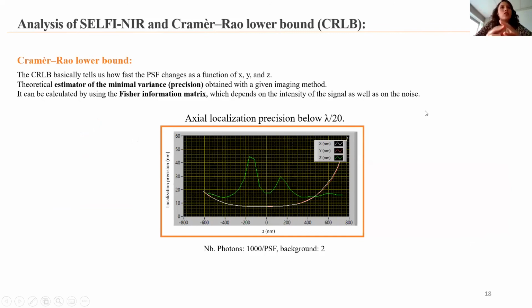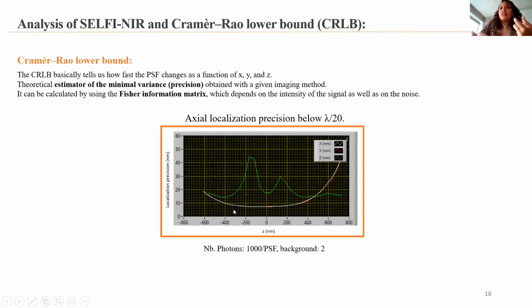Now, in order to analyze the precision of SELFI in the near infrared, we have used the Cramér-Rao lower bound. What is the Cramér-Rao bound? It basically tells us how fast the PSF changes as a function of X, Y, and Z. It is a theoretical estimator of the precision of any imaging method that we are using, in this case, SELFI in the near infrared.